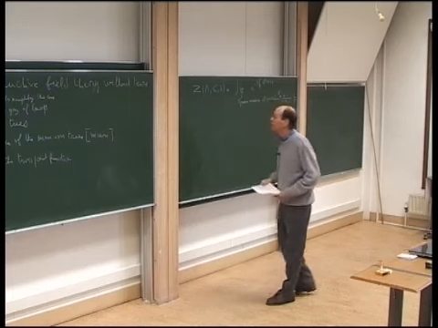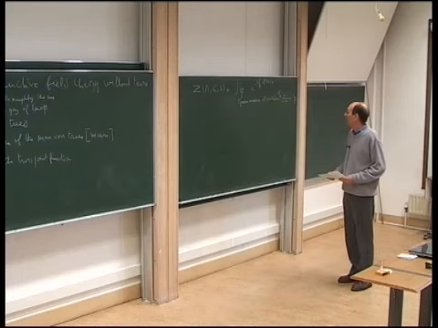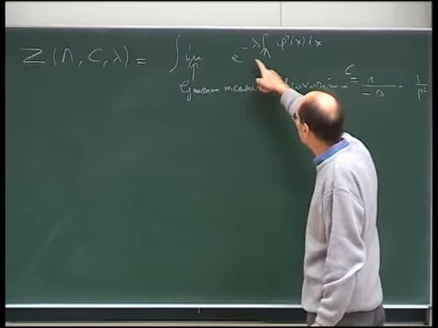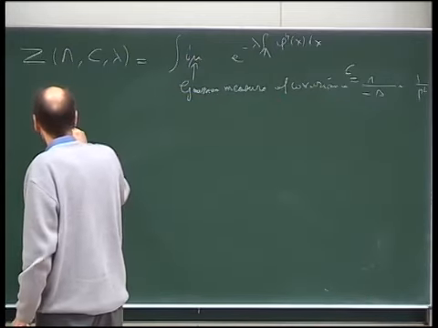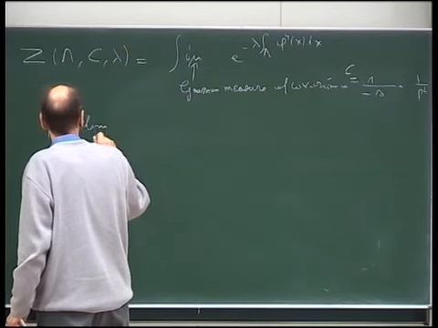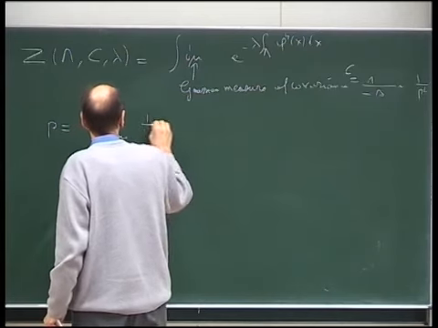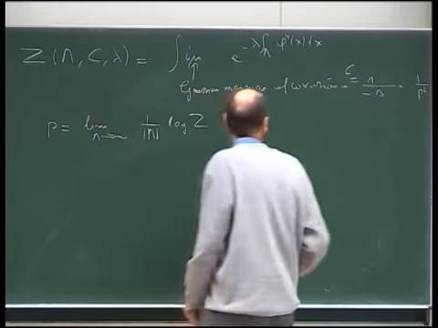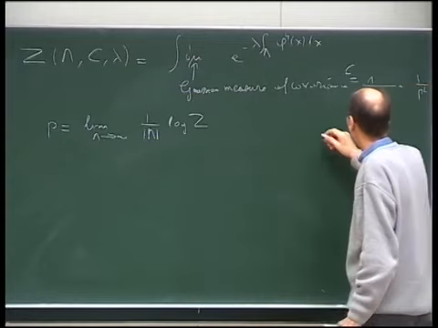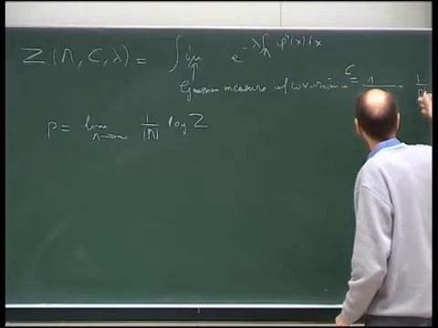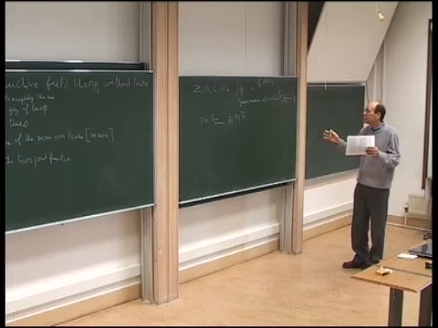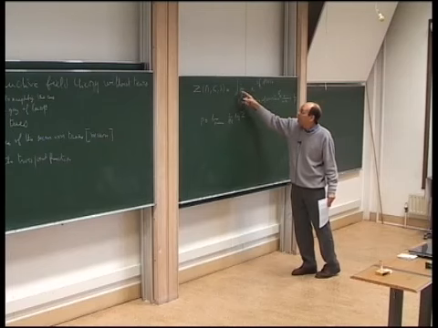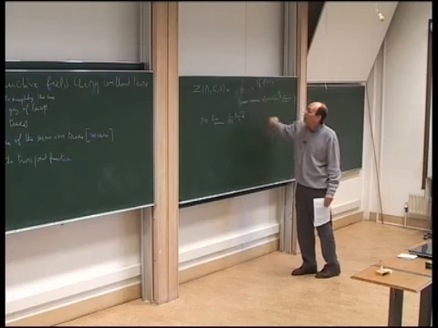Okay, so the first thing in this kind of business is to show that you can define the pressure. This is the limit as lambda tends to infinity of 1 over lambda times the log of Z. Here, for the 1 over p squared, in general we put a cutoff so as to have, in some sense, only a finite number of degrees of freedom, that is, of integration variables.